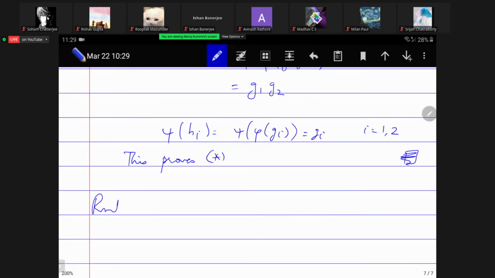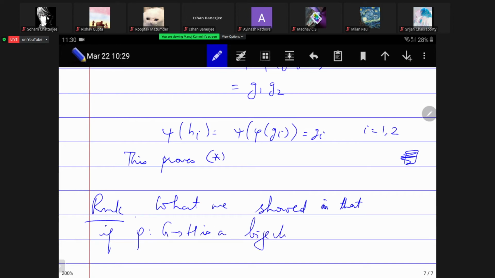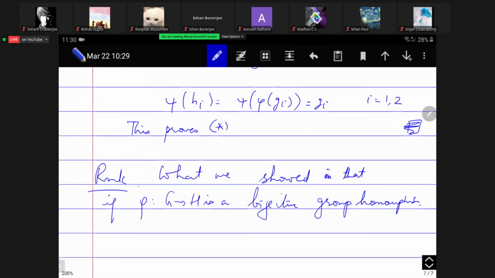Remark: what we just showed is that if phi from G to H is a bijective group homomorphism, then phi inverse as a function is a group homomorphism.